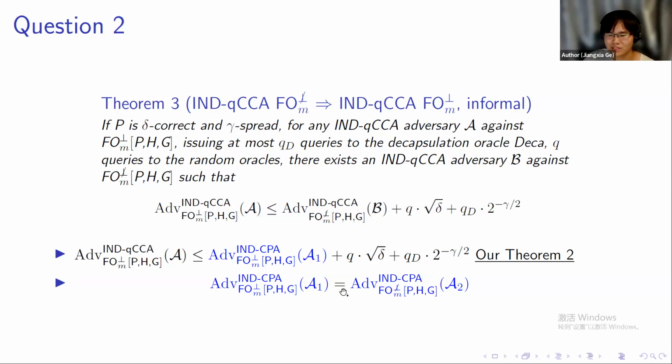So we have this equation. Then it's obvious that there exists an adversary B against the IND-QCCA security of FO-cancel-bot satisfying this equation, because the IND-QCCA security must imply the IND-CPA security. So finally, combining these two formulas, we obtain this inequality.